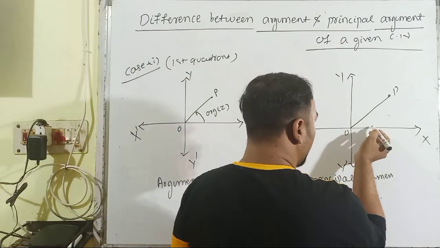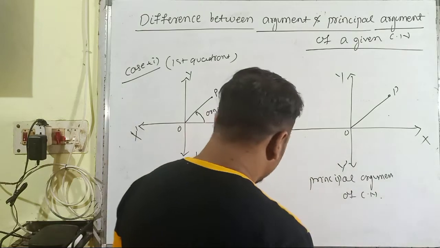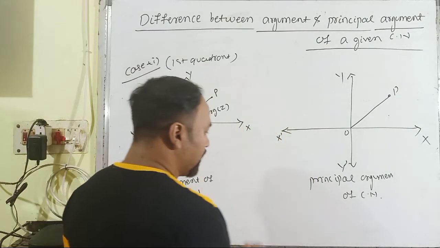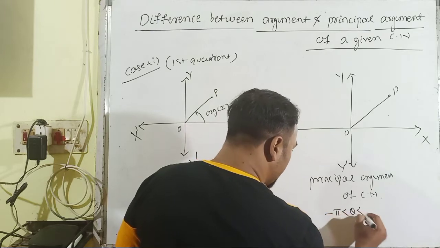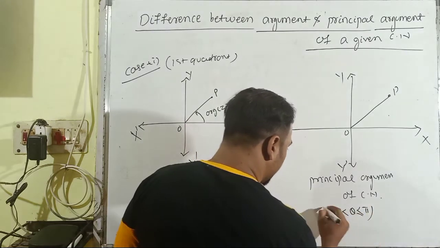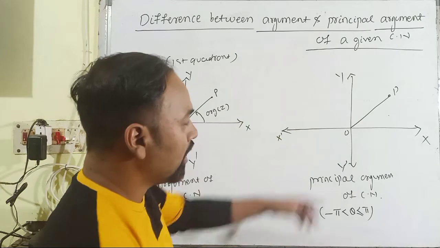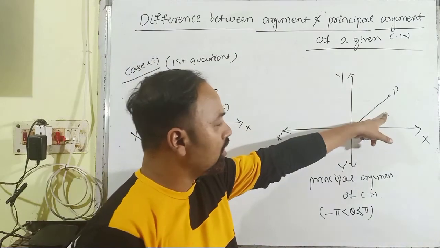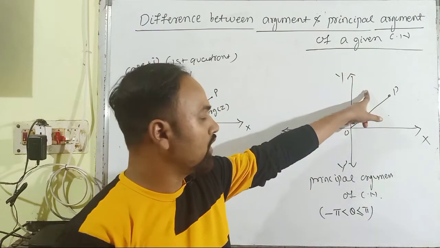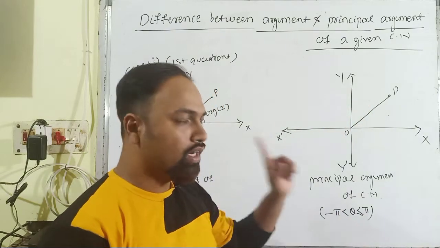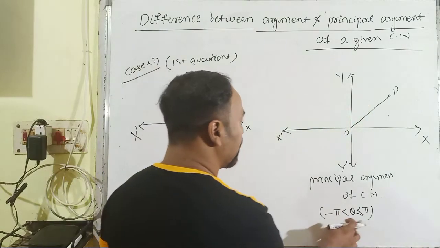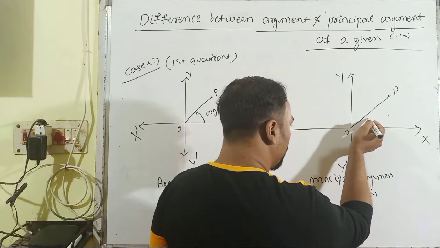Here the principal argument exists by taking the restriction of minus pi less than theta less than or equal to pi, and you can see that the angle lies in the first quadrant, so it must be less than 90 degrees. That means it must be less than 180 degrees, so it satisfies the condition in the first quadrant.